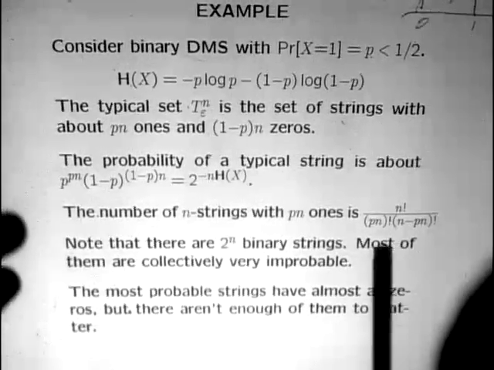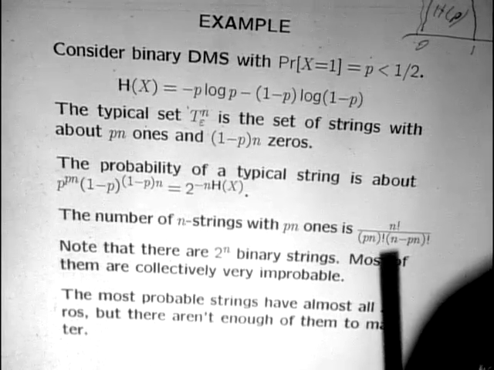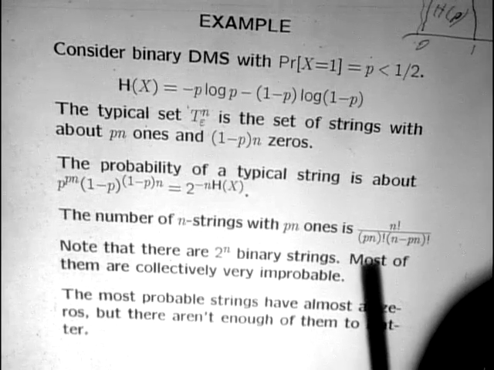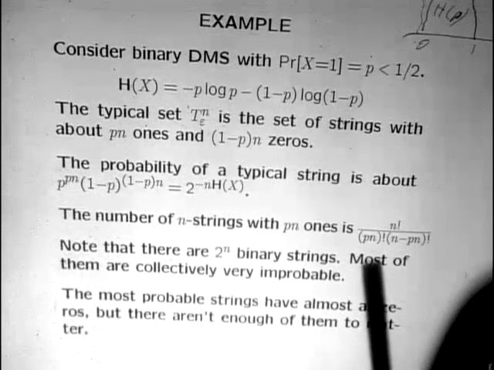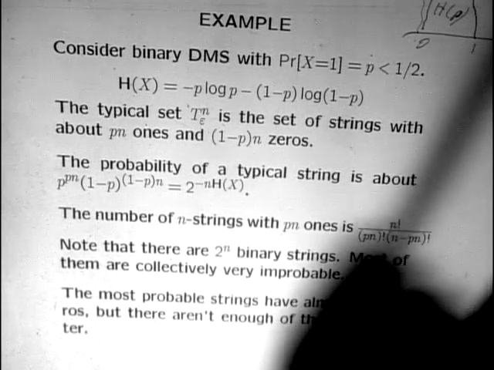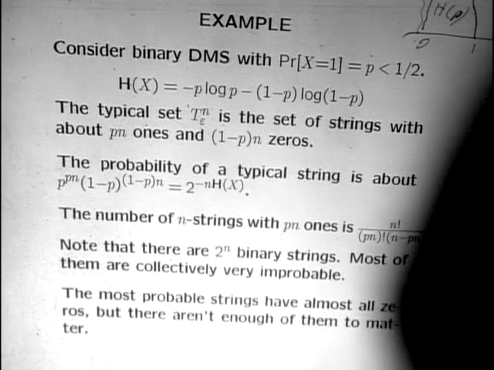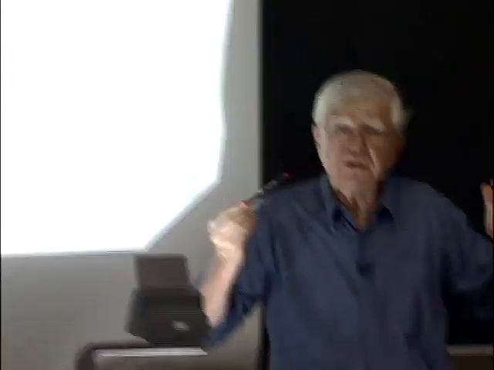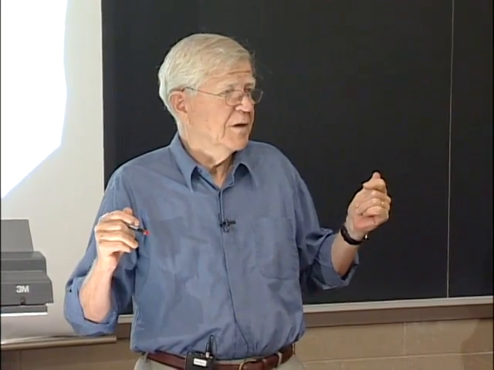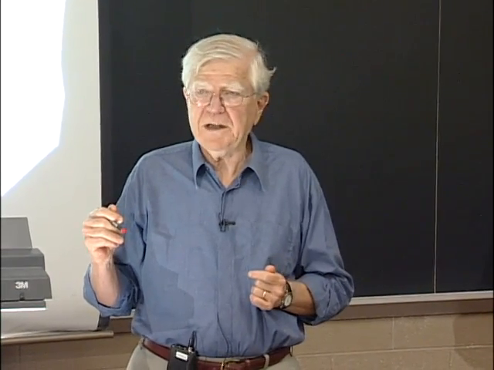Okay, so what I'm trying to get across here is there are a bunch of different things going on here. We can talk about the random variable, which is the number of ones that occur in this long sequence. And with high probability, the number of ones that occur is close to Pn. But if Pn ones occur, there's still an awful lot of randomness left, because we have to worry about where those Pn ones appear.